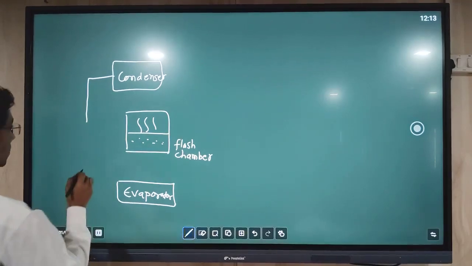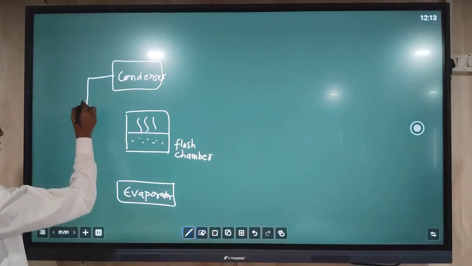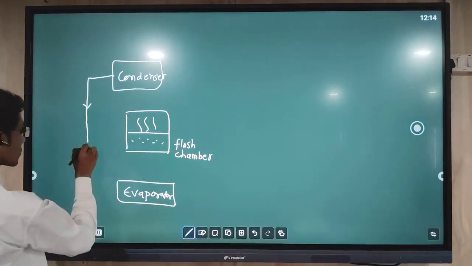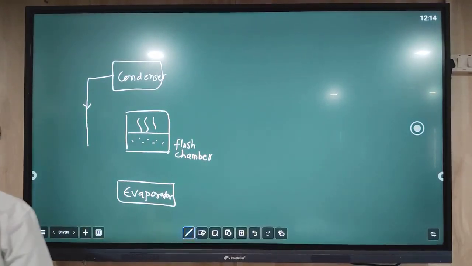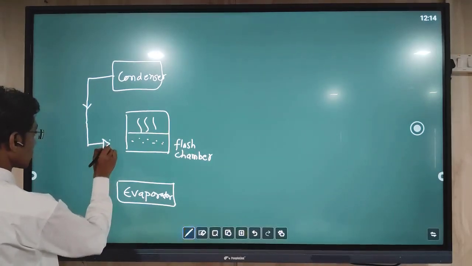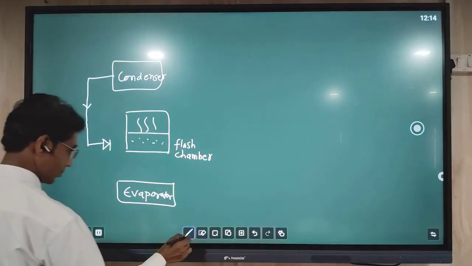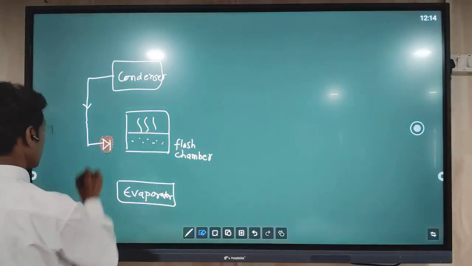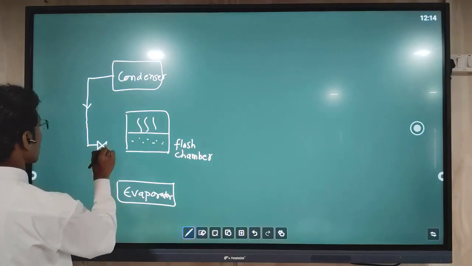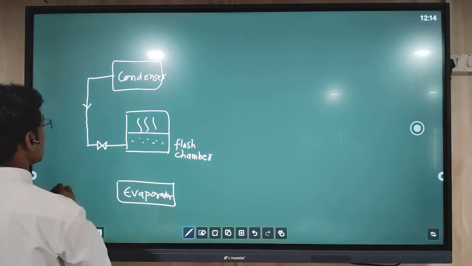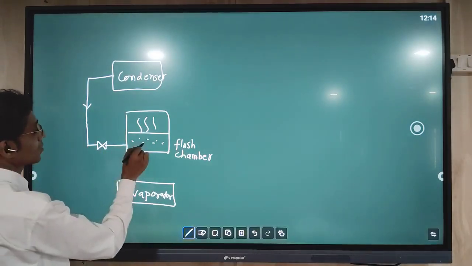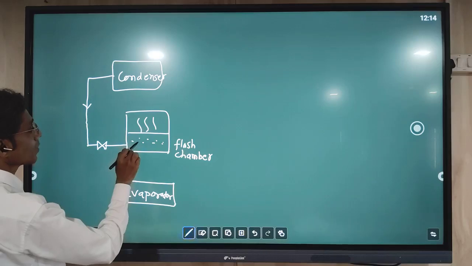So here the liquid line connection from the condenser is given to the flash chamber first of all, through this expansion valve. Thus the liquid is passing to this flash chamber.